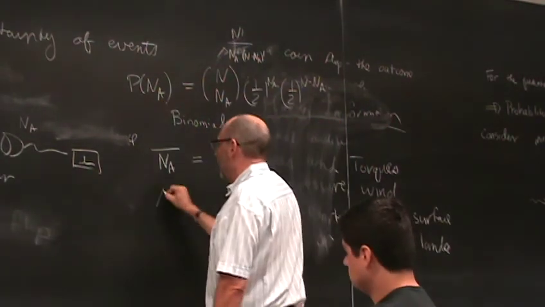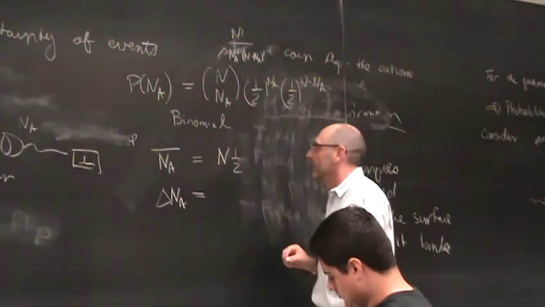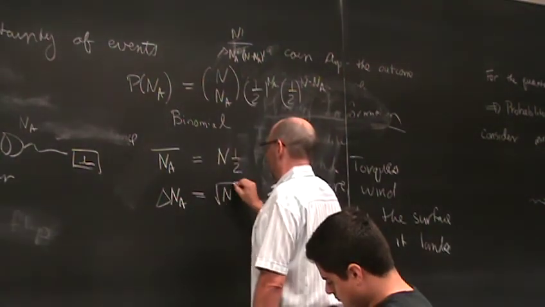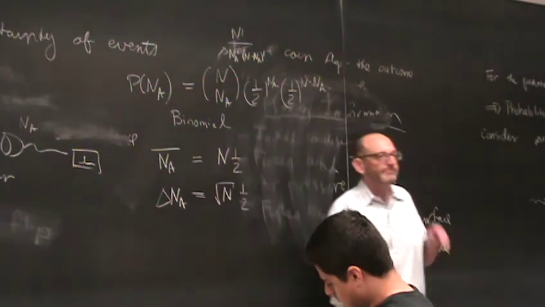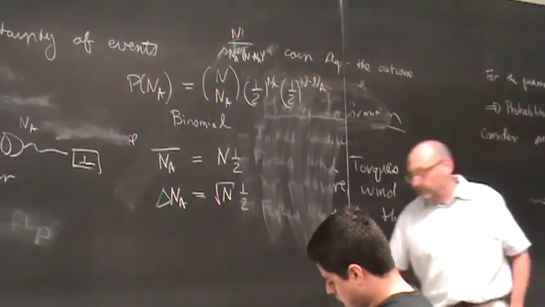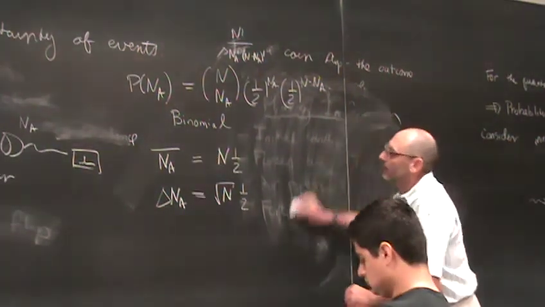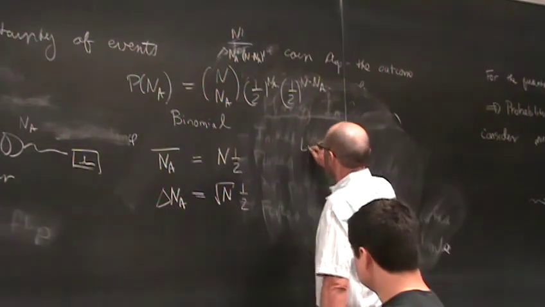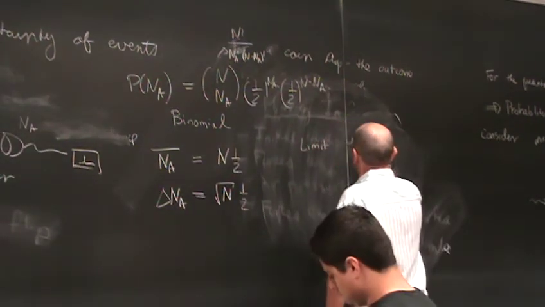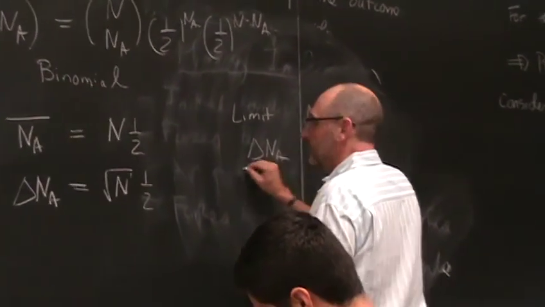So the fluctuations about that, our uncertainty, if you like, will be equal to the square root of n times a half. Now, in the limit, as n gets very, very large, the fluctuations are tiny compared to the mean.